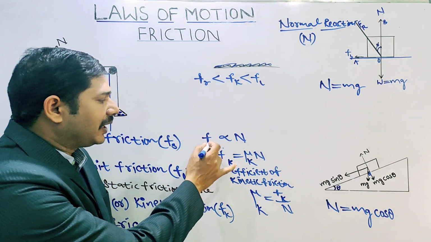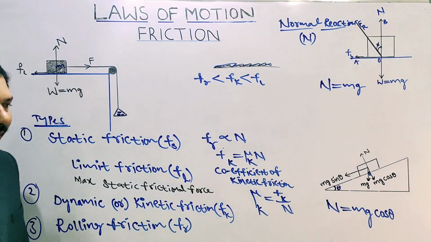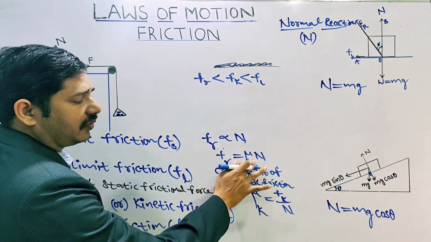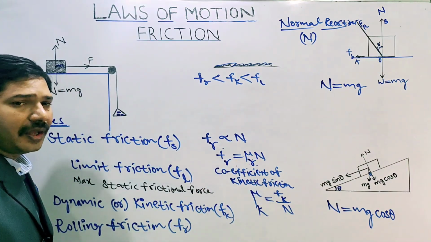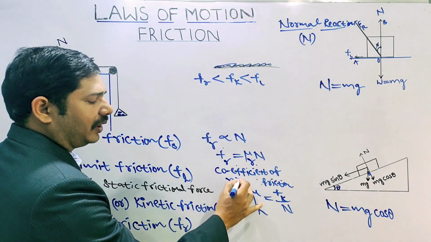Rolling friction. The rolling frictional force is directly proportional to the normal reaction, and the rolling frictional force Fr is equal to mu r into N, where mu r is the coefficient of rolling friction.